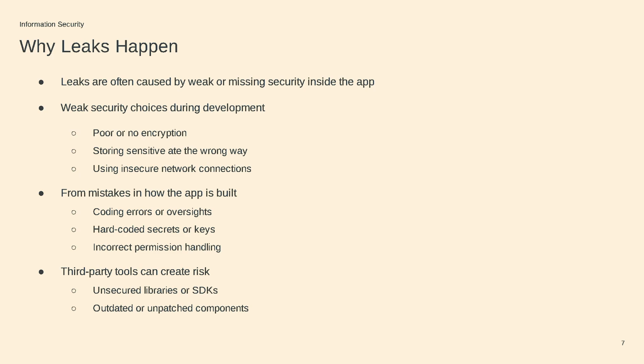Also, third-party tools can create risk for an app. Apps rely on outside libraries and SDKs, and if those tools aren't secure, they weaken the entire app. And old and unpatched components can bring vulnerabilities, and attackers can take advantage of that.